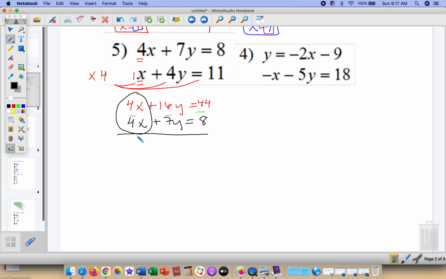So I get 4x minus 4x is 0. 16 minus 7, we would get 9y. And 44 minus 8, we'll get 36. When we divide 36 by 9, we'll get 4.